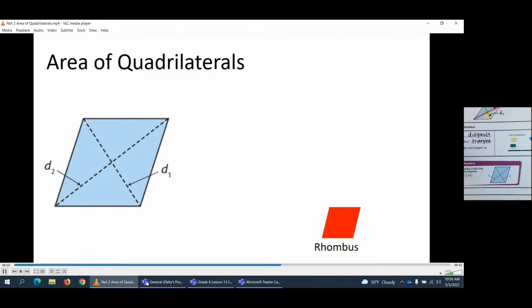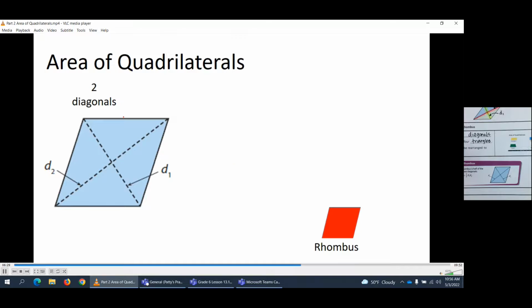We could do base times height, right? We could. But what if we don't have that and we just have these here? These are called diagonals. A rhombus has 2 diagonals, right? Those are the 2 things that cut across from corner to corner. If you get those measurements and you don't have the base and the height, you can still find the area of the rhombus, and I'll show you why, okay?